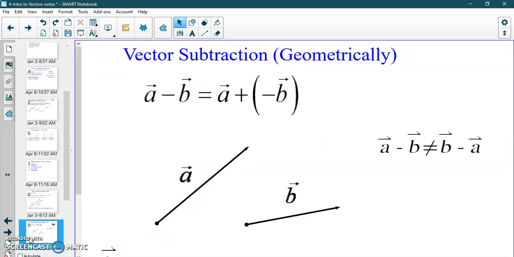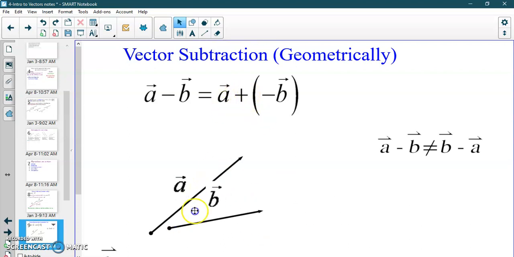Now looking at subtraction, there's just one difference we have to put in here. So vector A minus vector B is really the same as vector A plus negative vector B. So we still can think of it, since it's addition here, as taking A and adding vector B to it, but this vector now has a negative on it.